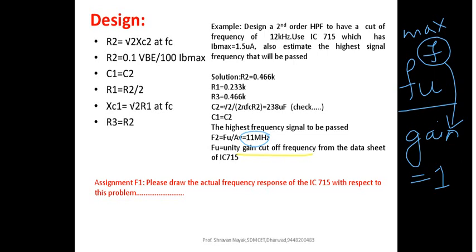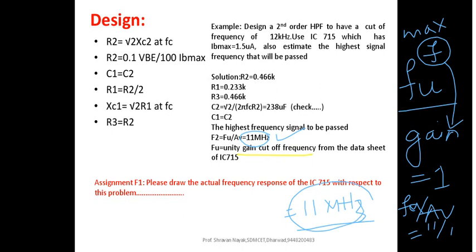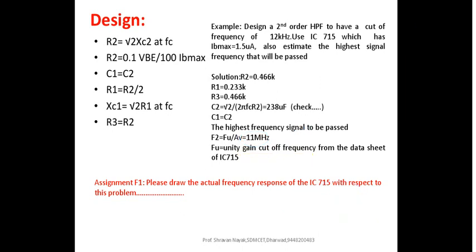So obviously the highest frequency to be passed will be FU divided by AB, right? 1. So 11 megahertz. So from 12 kilohertz you should be able to pass all the signals up to 11 megahertz, which will restrict the physical limitations based on the operational amplifier characteristics. Beyond 11 megahertz, your operational amplifier itself will not be able to handle those frequency signals.